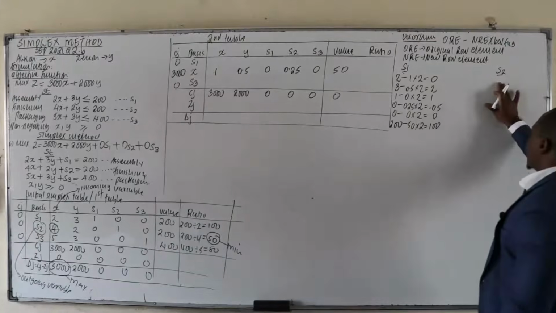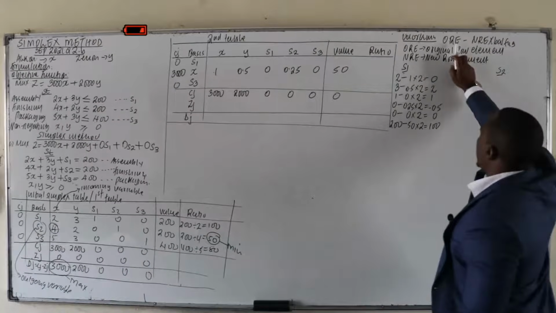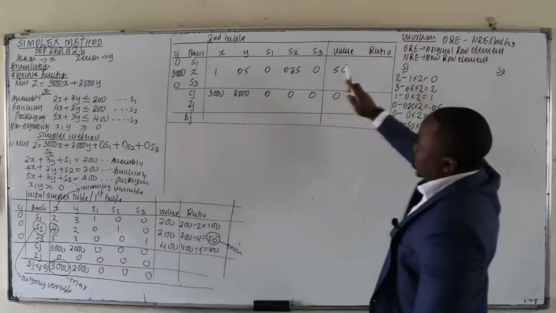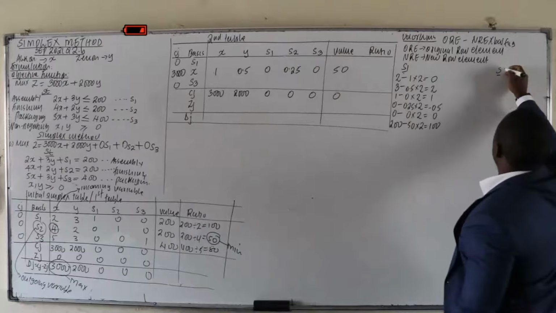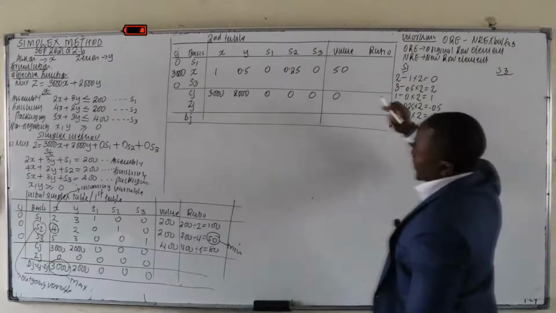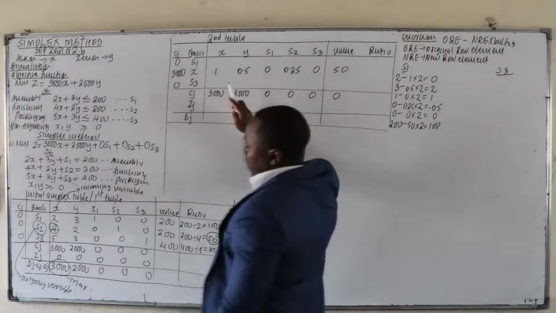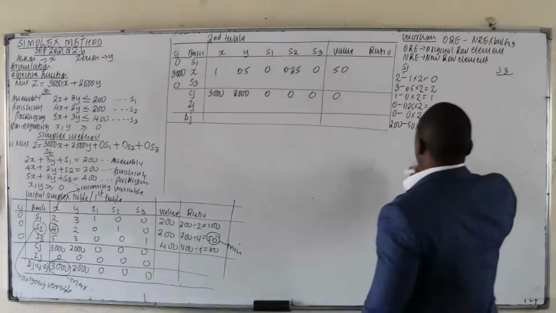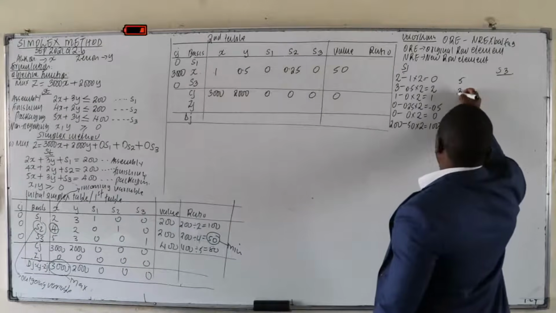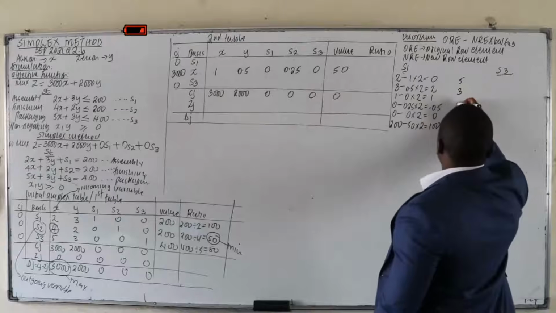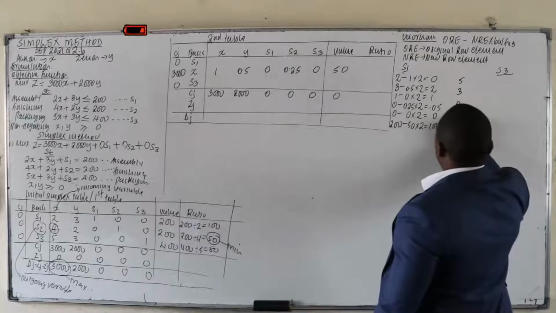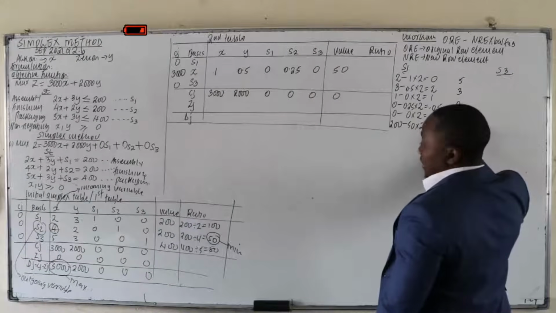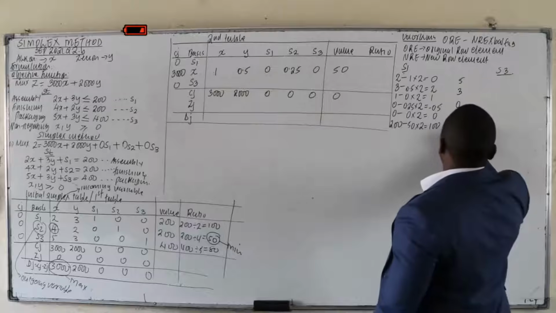Let's do the same for S3. You take the original row element. For S3, the original row element from the first table was 5, 3, 0, 0, 1, and then 400.